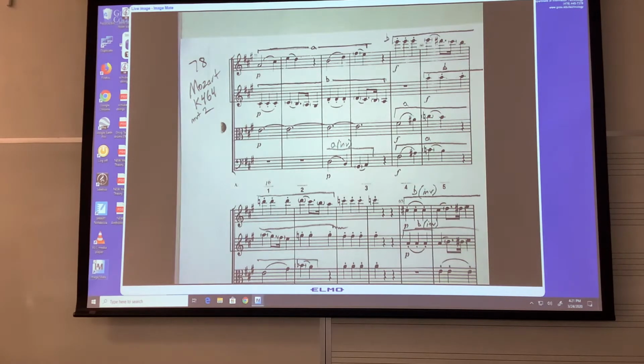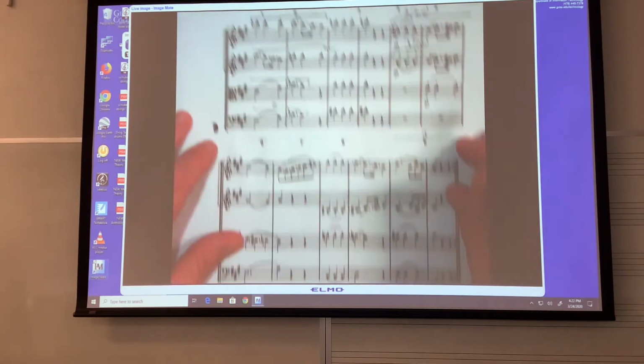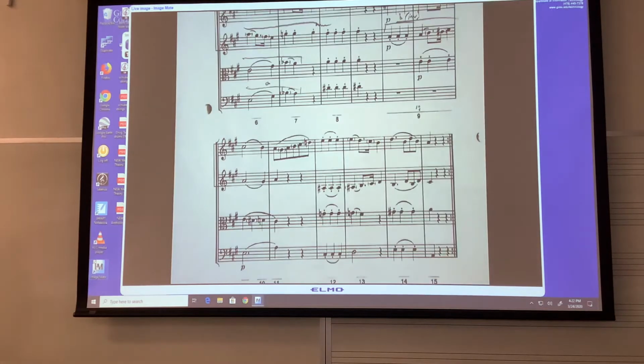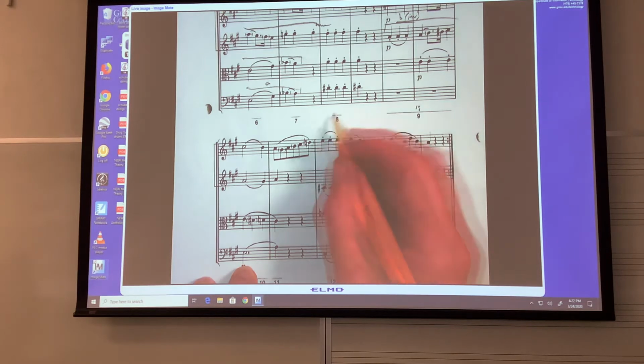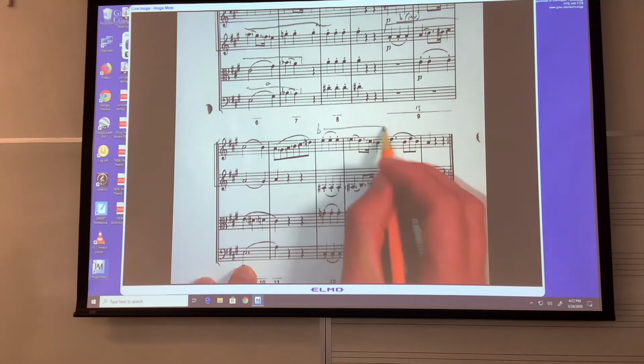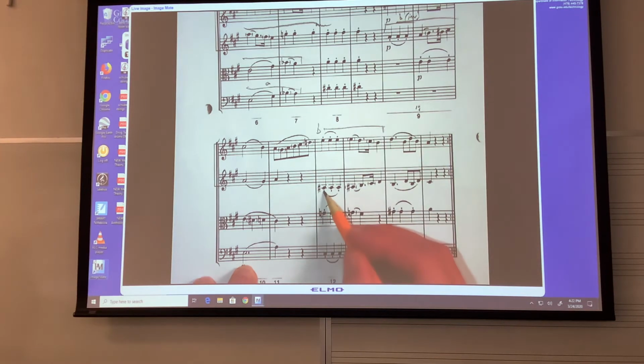And let's see here. I'm going to jump down a little bit. We have dun dun dun dun dun dun, there's B. And then the inversion, dun, dun, dun, dun, dun, dun.